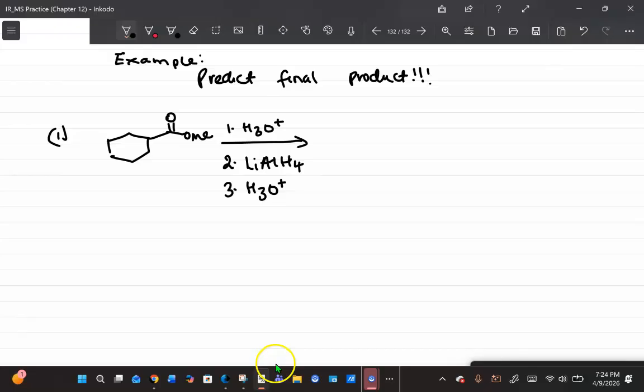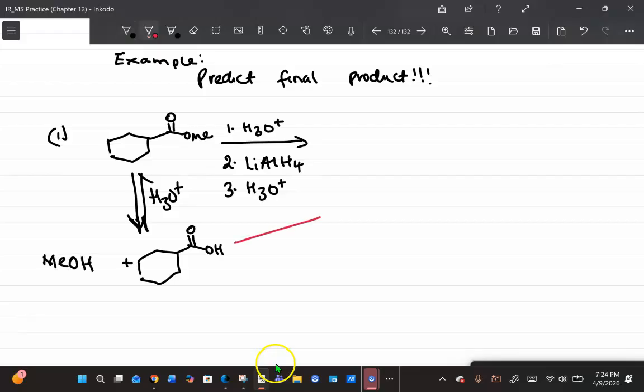I think I got it. So if I start with the H3O+, I know it's reversible, and the OMe is going to leave, right? Correct. I'll get these two products. And then this one's going to go one way.